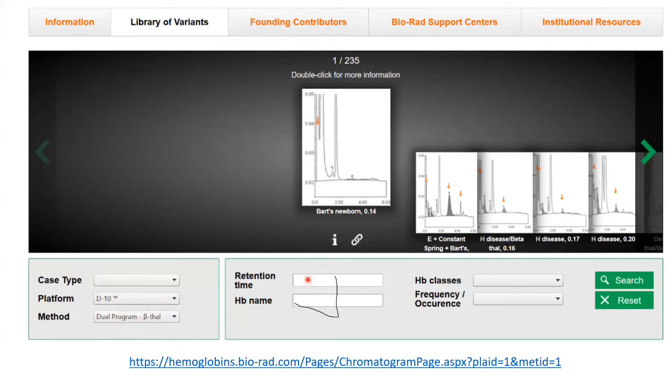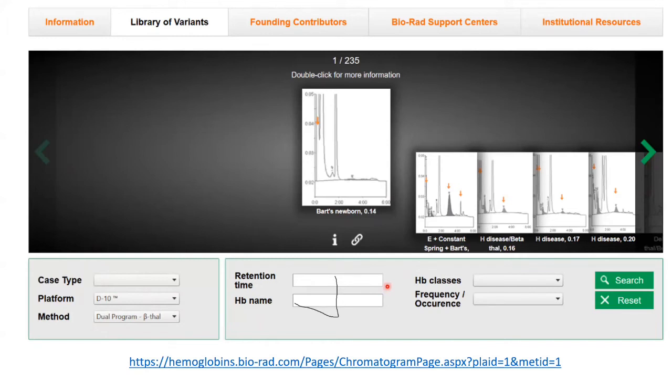And if you have any unknown peaks which are present, you can always input the retention time which is provided by the machine to find out what particular hemoglobin variant might come at that retention time. If you are unable to diagnose some unknown peaks, it's a difficult case, you can use the help of this particular resource.